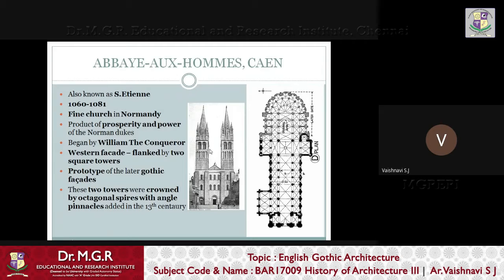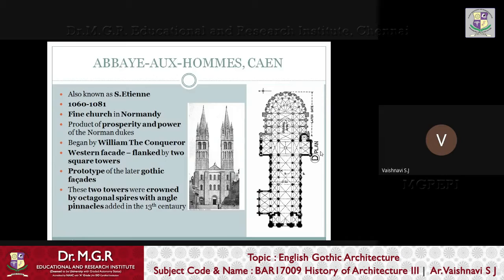Later, when I show you the Gothic style churches, you can see that these towers were given as a prototype for all kinds of churches, and it was crowned by two octagonal spires with angle pinnacles, which were added in the 13th century. So initially they didn't have this, and they added it in the 13th century.